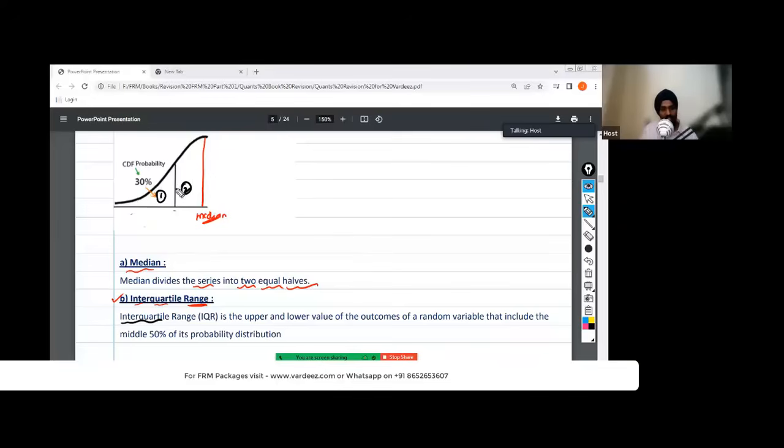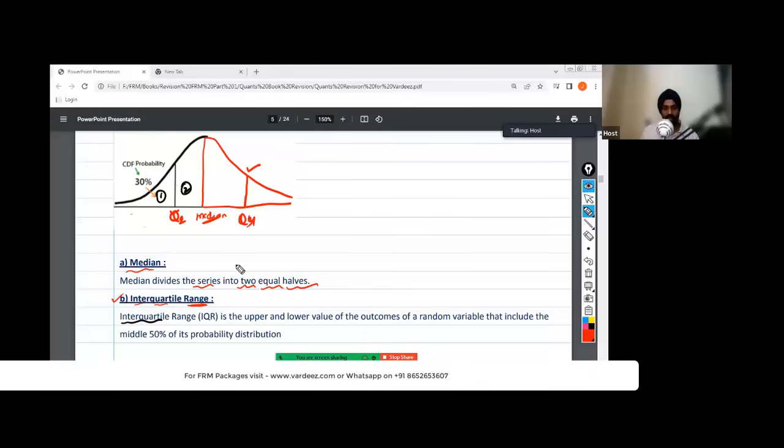So what is the interquartile range now? It's over here. This one is quarter 2, you can say. Similarly, for the other distribution, I can divide it and pick up this particular portion, which is quarter 3.